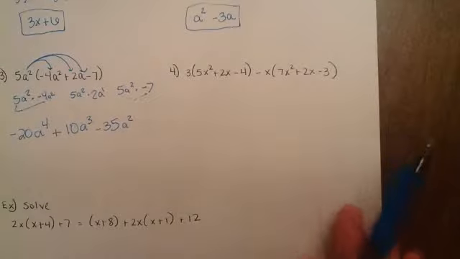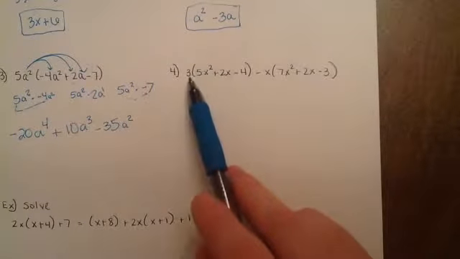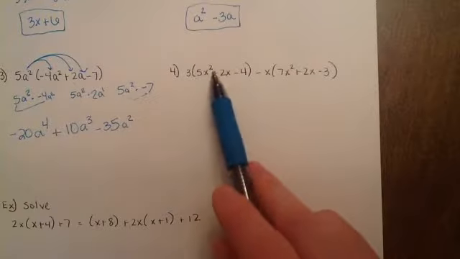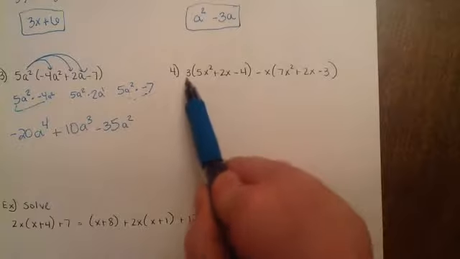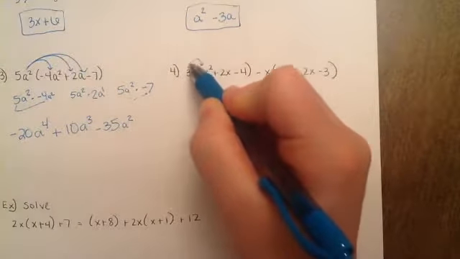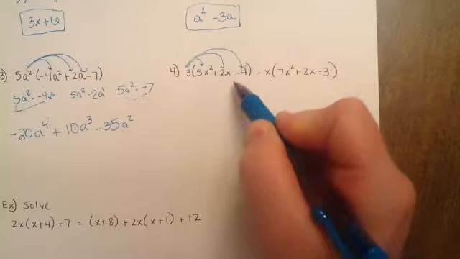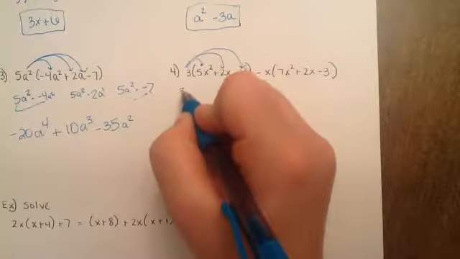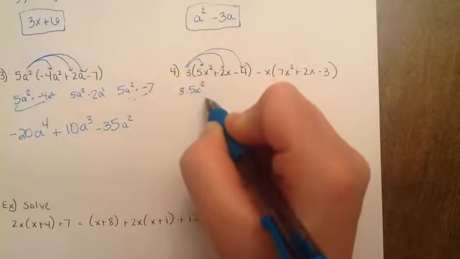For number 4, how many distributives must we do? This one must be distributed, and this one must be distributed. So let's just start with our first one. So I'm going to distribute the 3 to how many pieces? All 3 of those. So 3 times our first one is 5x squared.